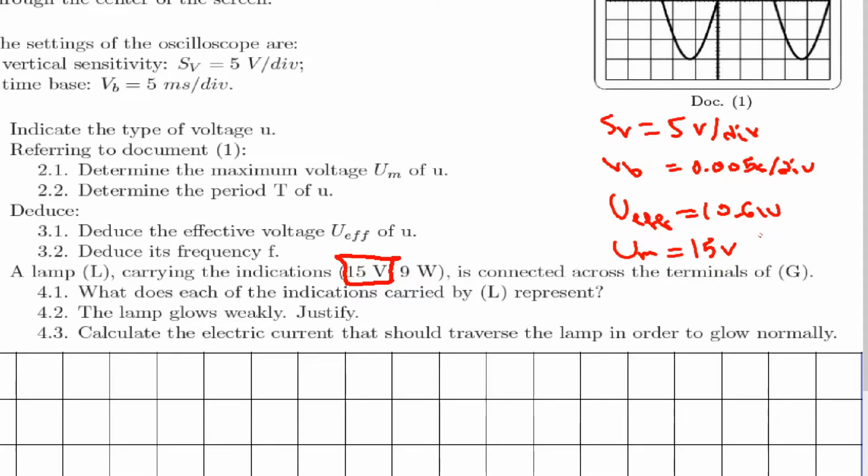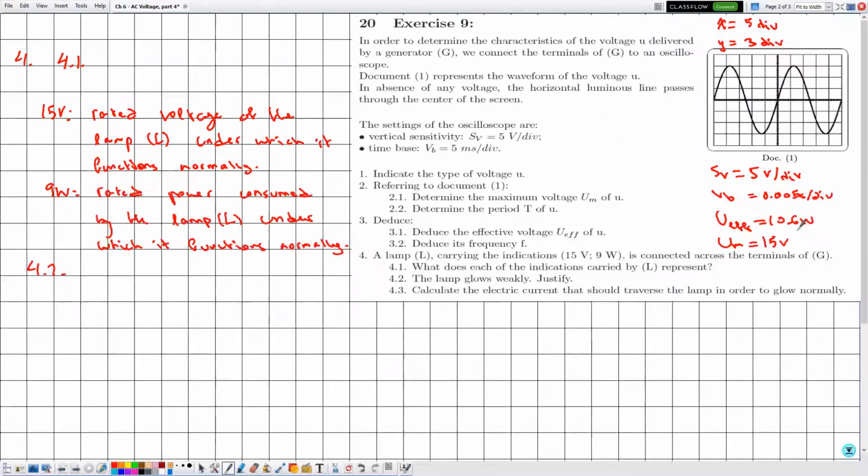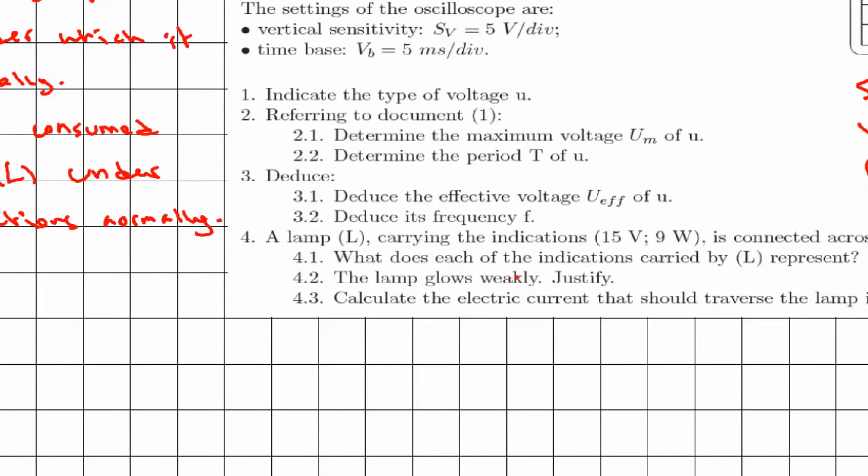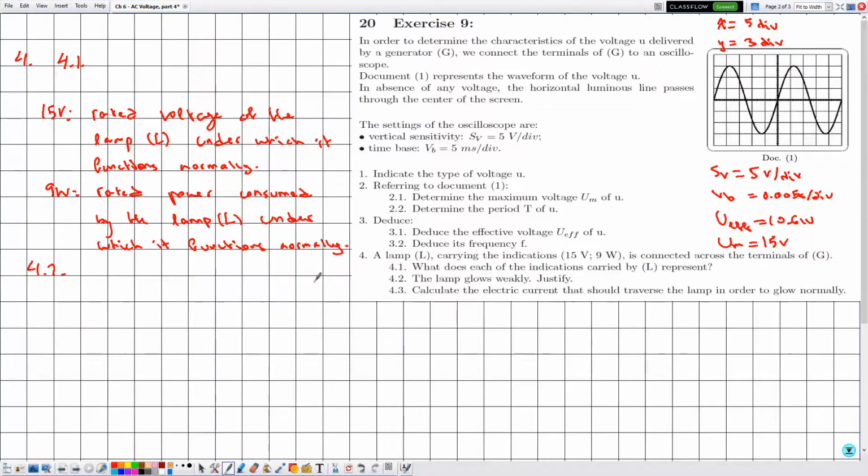So for example here, if the maximum voltage were equal to the rated voltage, the lamp would glow normally. However, in order to describe the functioning of a lamp connected to an AC source, we need to always consider the effective voltage and not the maximum voltage, because this is the voltage that makes the effect. And notice that in this case the applied voltage, which is 10.61, is less than the rated voltage, which means it will function weakly or not function. Since here they are telling me it glows weakly, we will restrict our answer to this option.